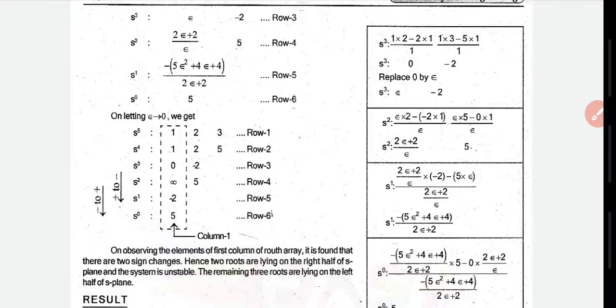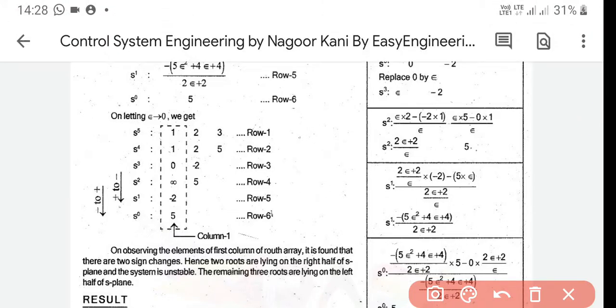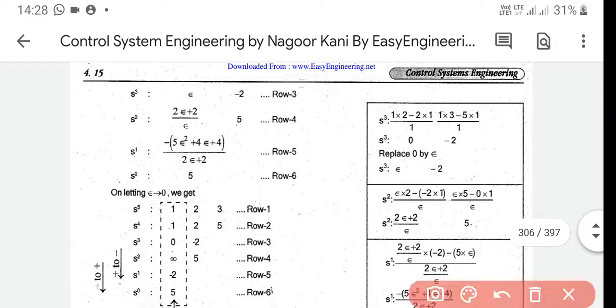Those are s power 2 row elements. Okay, now you have to find s power 1. So s power 1 elements can be calculated based on the elements of s square and s cube. So what are the elements here? 2 epsilon plus 2 by epsilon into minus 2.